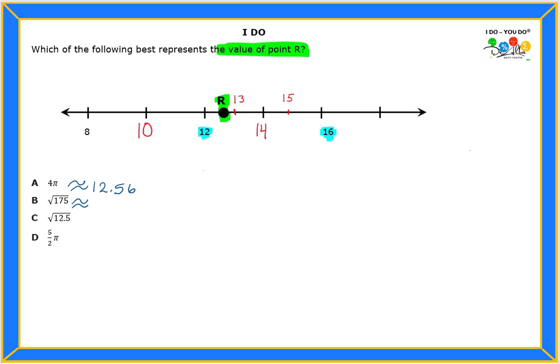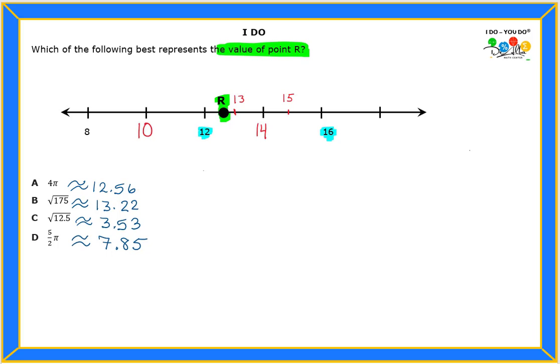The next one will be 13.22, okay? Then the next one is gonna be an approximation of 3.53, and the last one is an approximation of 7.85.